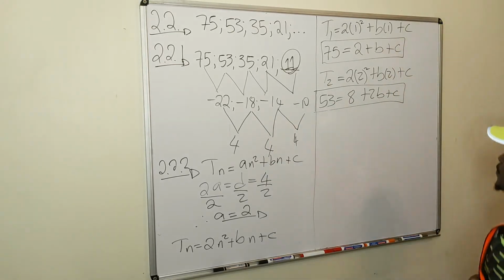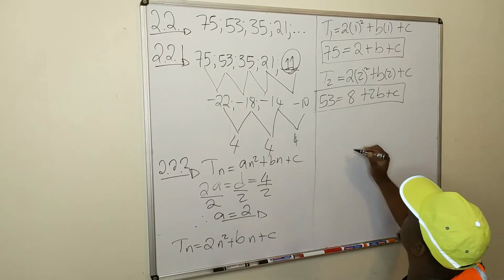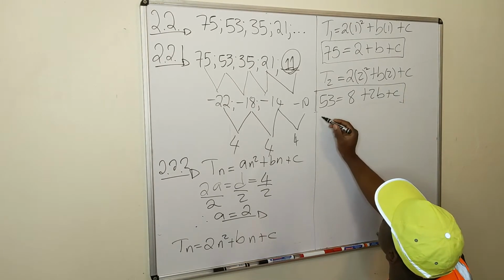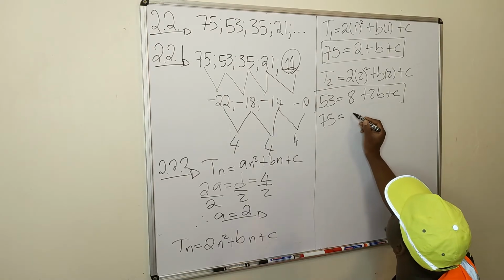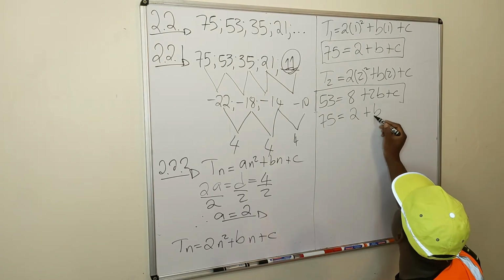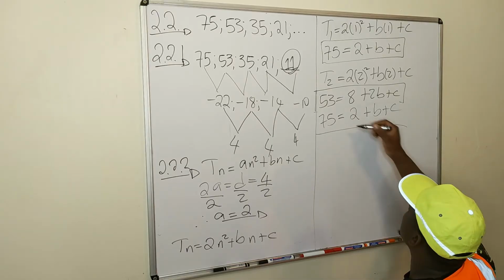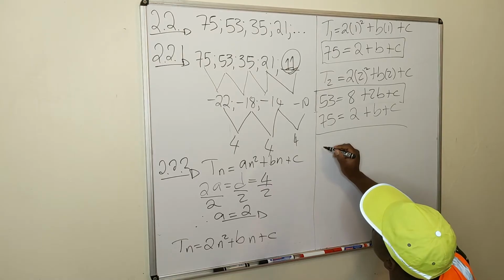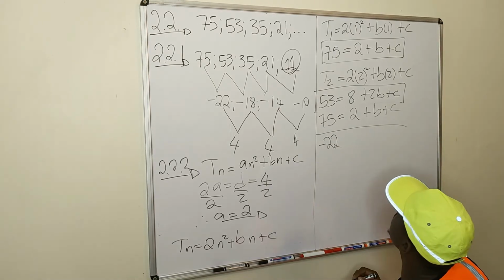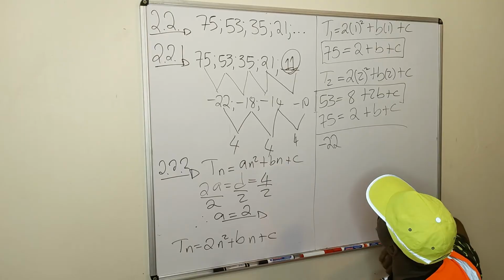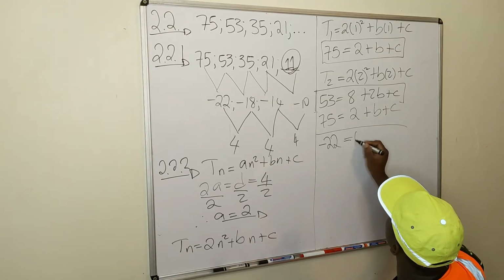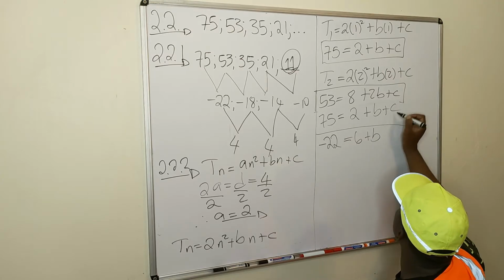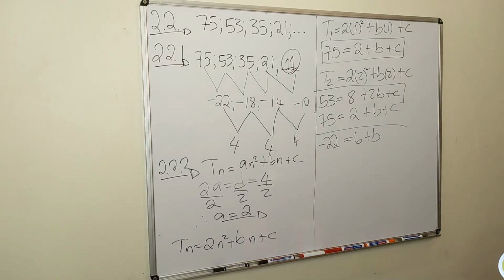We have 2 equations, and you solve them simultaneously. You can take the first equation and write it underneath: 75 equals 2 plus b plus c. Then find the difference between the 2. 53 minus 75 is minus 22, right? 8 minus 2 is 6, 2b minus b is b, and c minus c is 0.